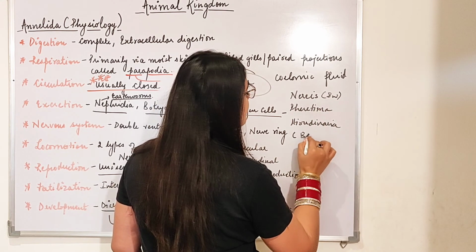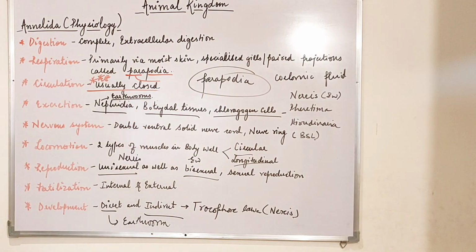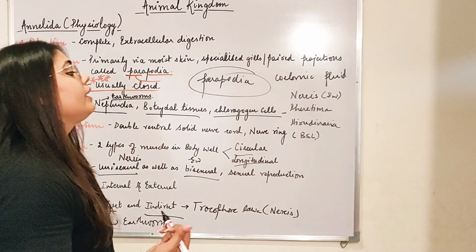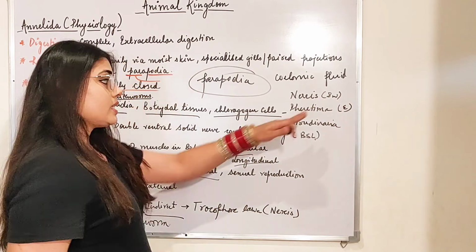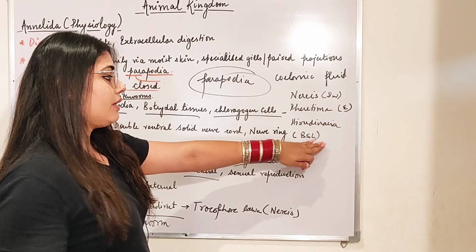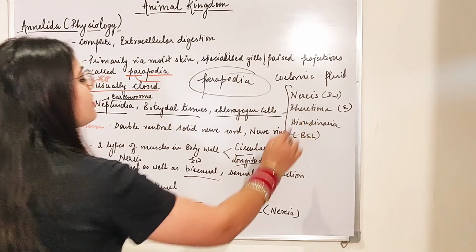Hirudinaria is called the blood-sucking leech. And Pheretima is the earthworm, very commonly known as the earthworm. This is the sandworm, this is the earthworm, and this is the blood-sucking leech. These are the examples.